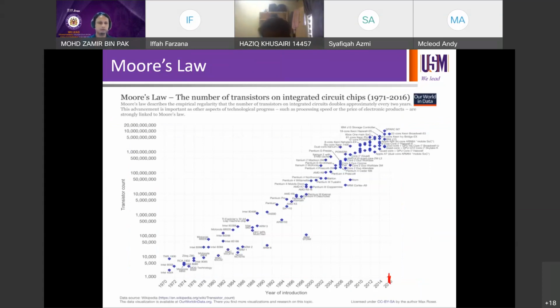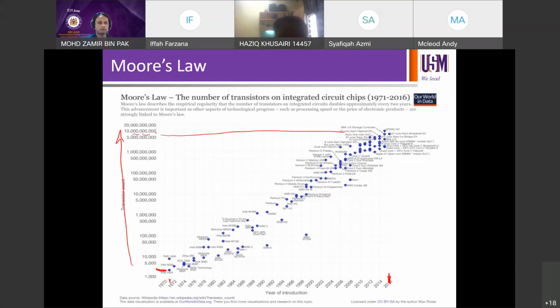If you look at the 1970s, we only had about 2,000 or so transistors. And then in 2016, it's already up to 10 billion transistors.